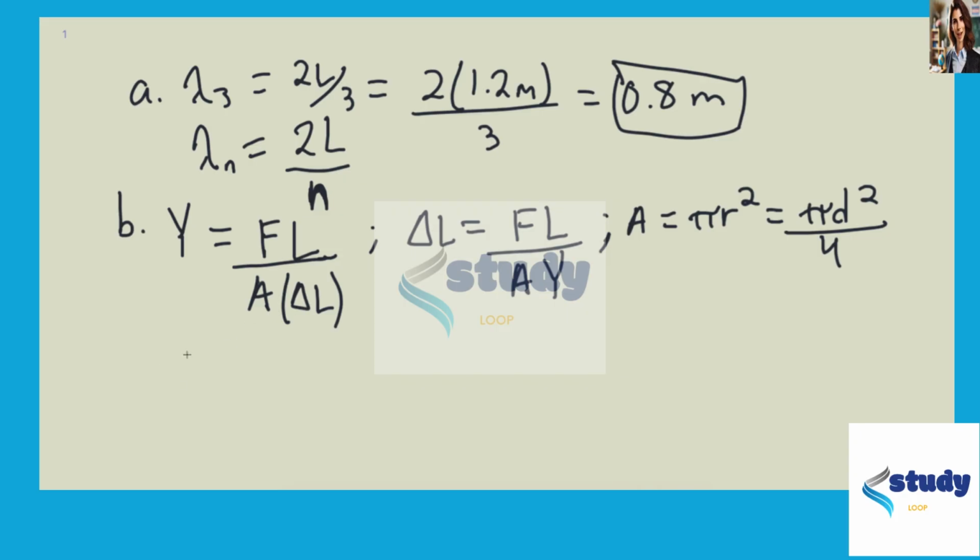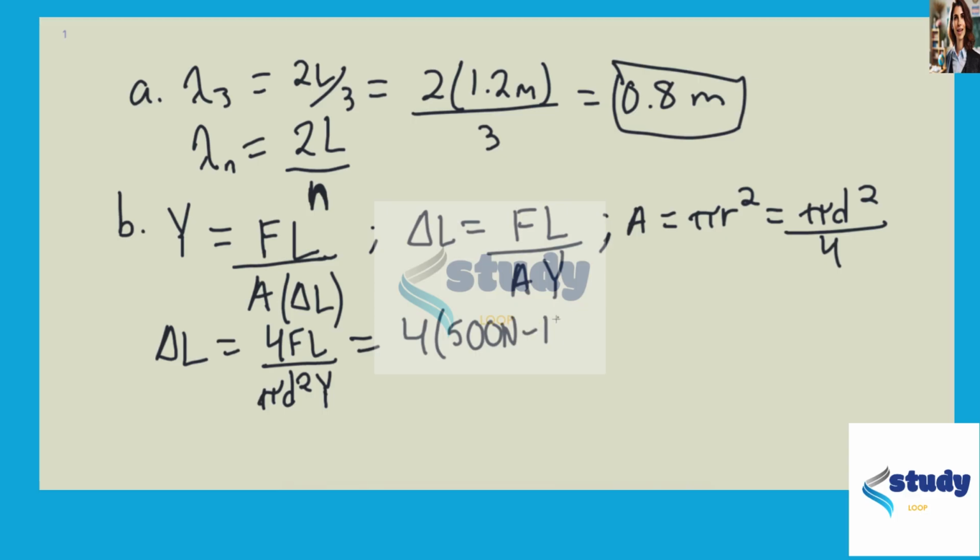So now let's plug this cross-sectional area into this delta L. So we'll have delta L equals 4FL over pi d squared Y, and they give us the Young's modulus. So we'll have 4, and then we're replacing it with a 500 Newton ball.